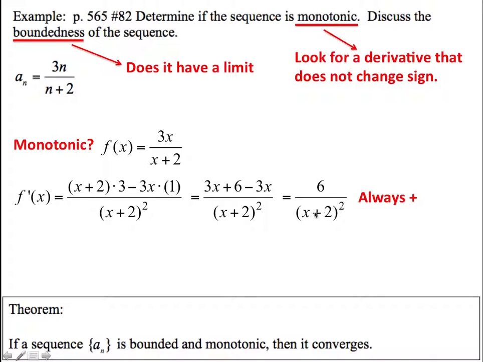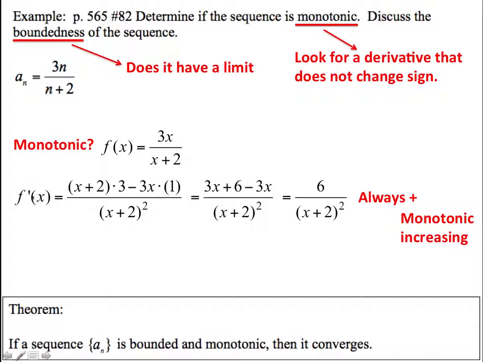We know x is always positive because that's the definition of a sequence: it starts at 1, and the domain is the positive integers. 6 is always positive, so this derivative is always positive. So it's monotonic, and if the derivative is always positive, it's increasing. I should actually call this non-decreasing. So this is monotonic non-decreasing, or you can say monotonic increasing as well.